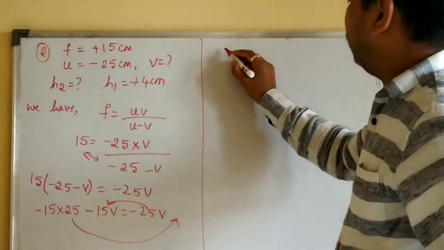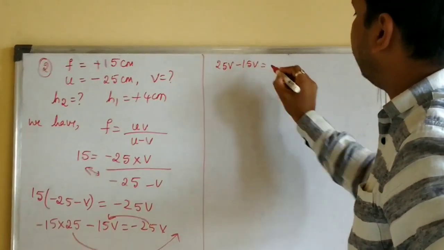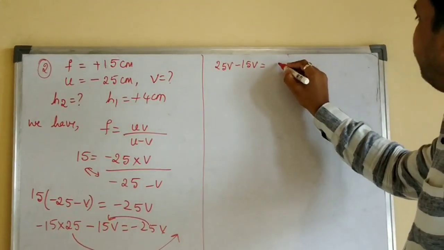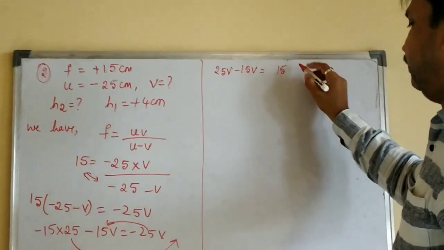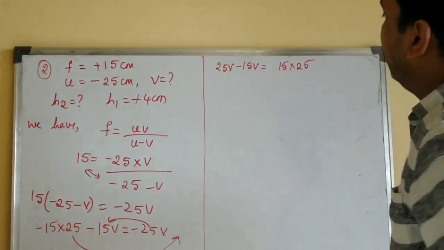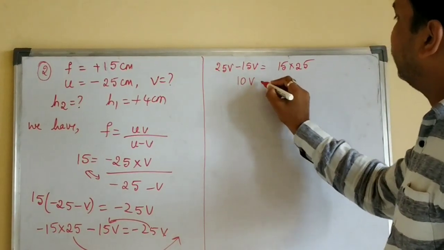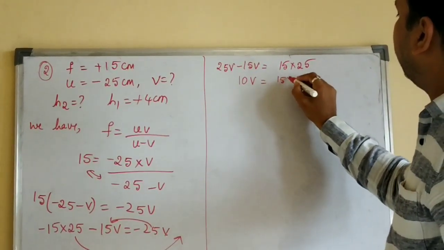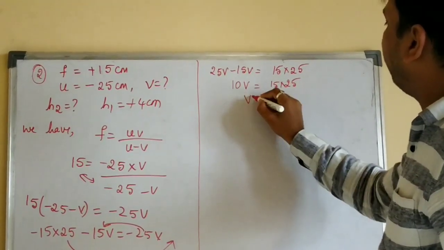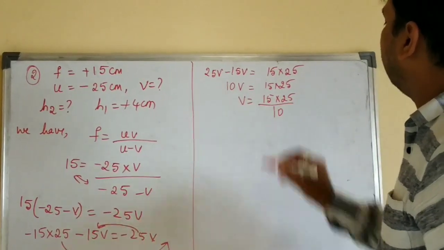So 25V minus 15V is equal to plus 15 into 25. 25 minus 15 is 10V, equal to 15 into 25, or V is equal to 15 into 25 by 10.